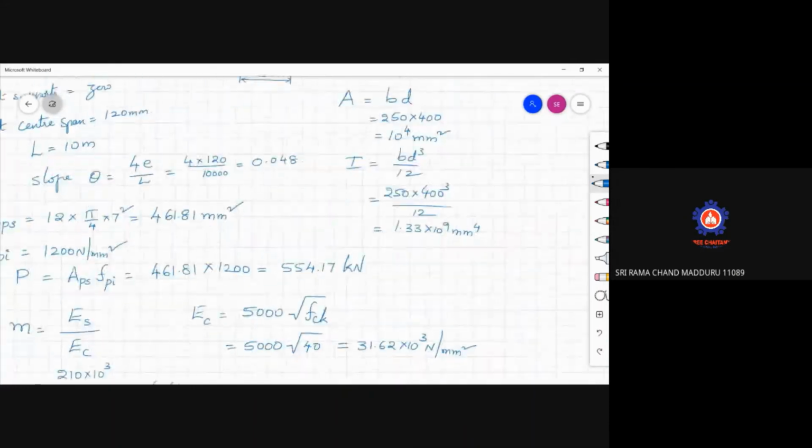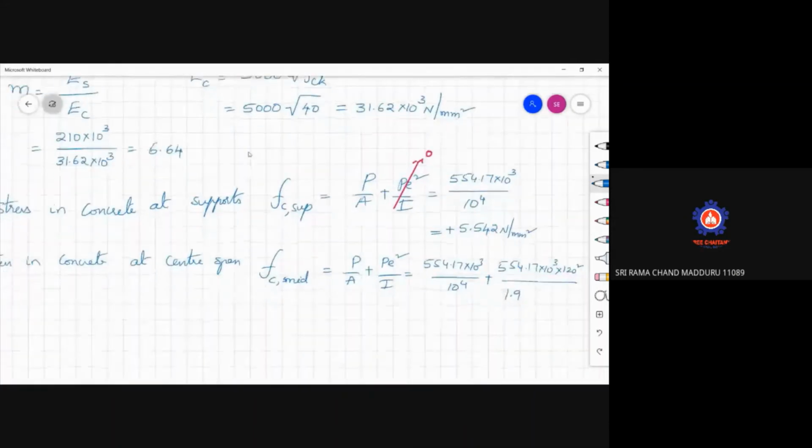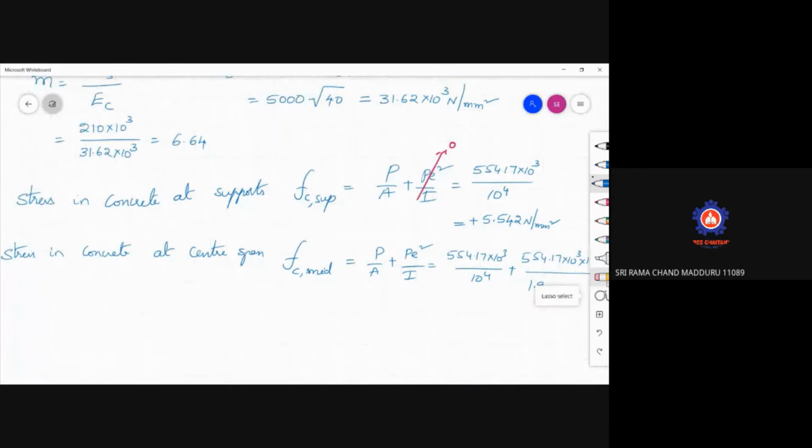What is the moment of inertia? That is 1.33, so this will be written as 1.33 into 10 power 9. So here FC at midspan will be calculated as 0.54 Newton per mm square.